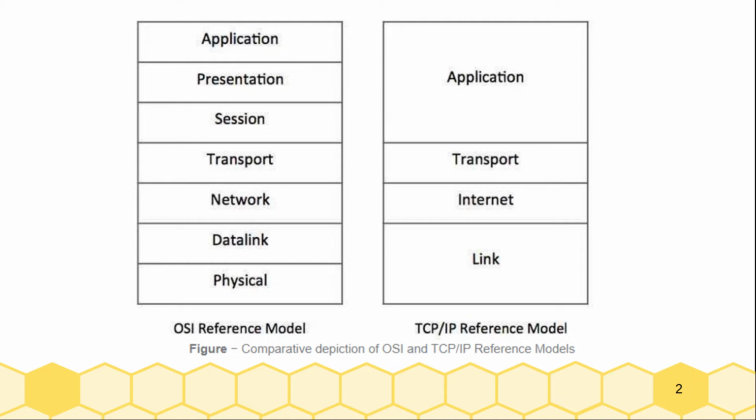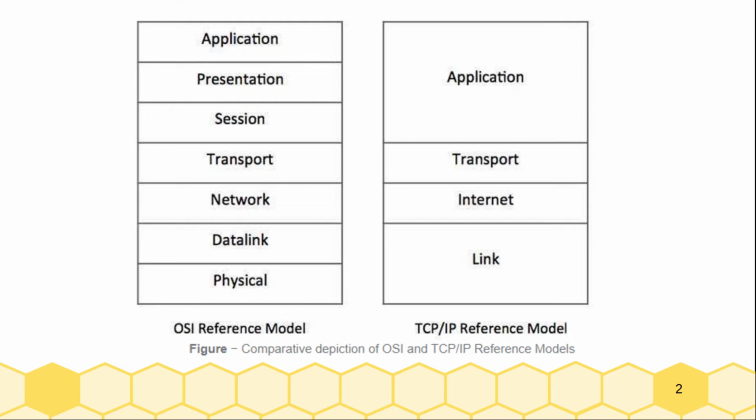And as we come to the TCP/IP reference model, there is an application layer, transport layer, internet layer, and the link layer. In the TCP/IP reference model, the application layer does the functions of the application layer itself, the presentation layer, and the session layer. The topmost layer, the application layer, does the functions of the application layer itself, including the presentation layer and the session layer.